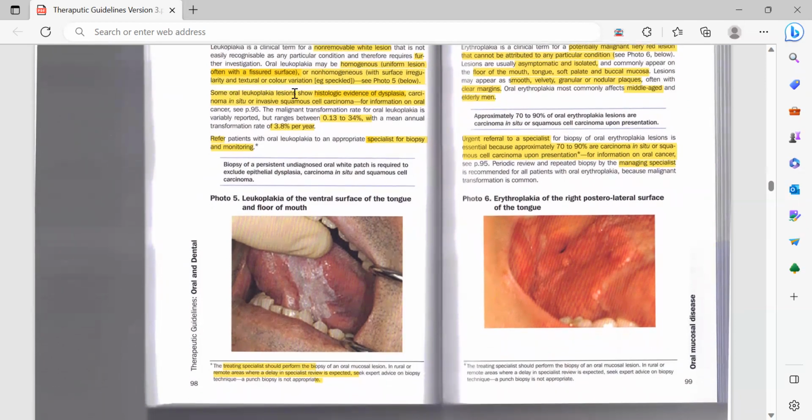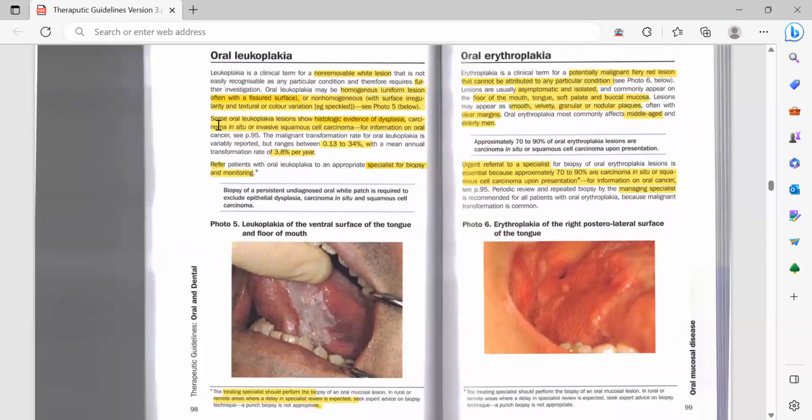Some oral leukoplakia lesions show histologic evidence of dysplasia, which is a sign of cancer, and carcinoma in situ or invasive squamous cell carcinoma. The malignant transformation rate. For this topic, what you need to gather from here is that first you need to understand what leukoplakia is.